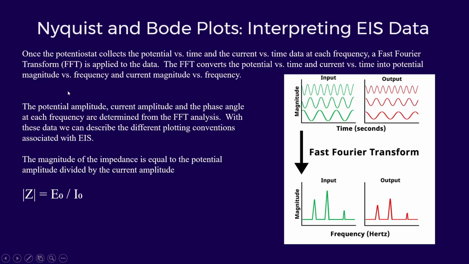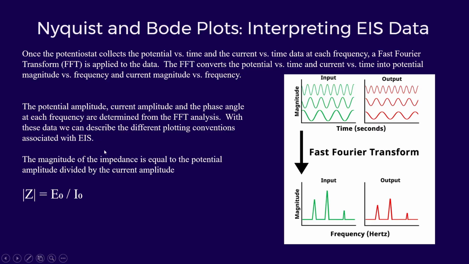The potential amplitude, current amplitude, and the phase angle at each frequency are determined from the FFT analysis. With these data, we can describe the different plotting conventions associated with EIS. And this can be seen in this picture, how the fast Fourier transform has been implemented in this graph.